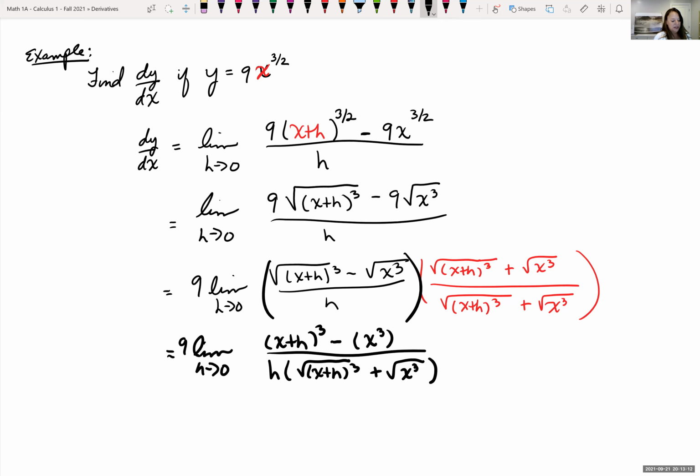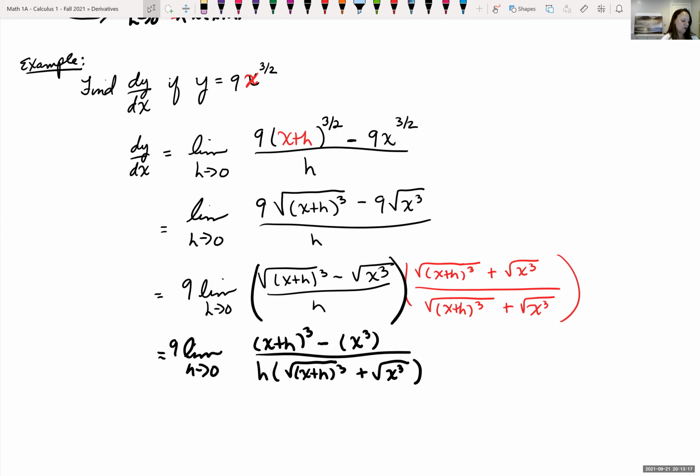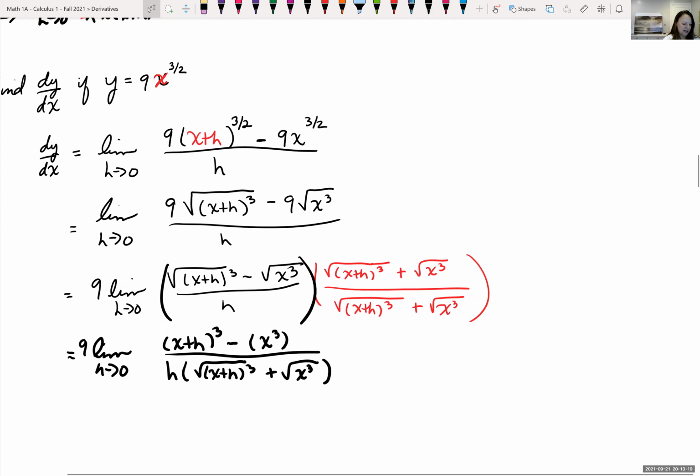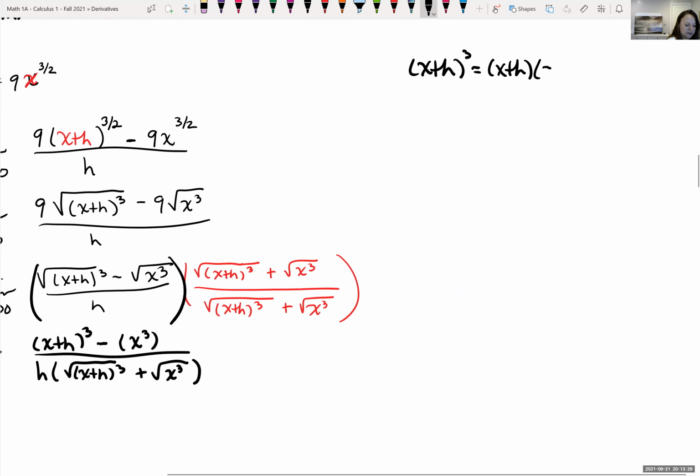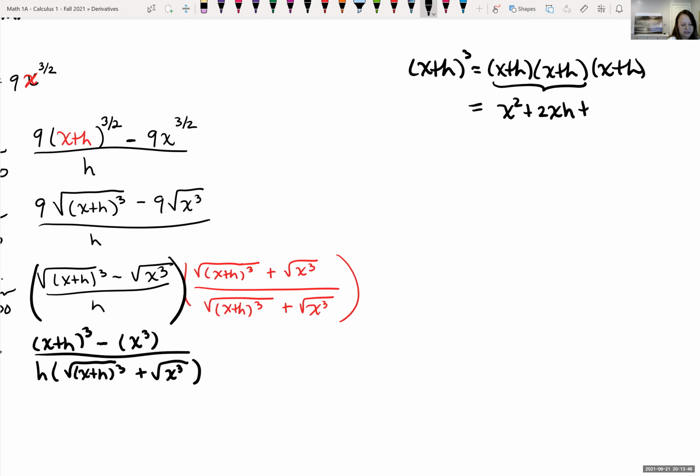So I need to expand out that (x plus h) quantity cubed. I'm going to do some work on the side and then plug it in. (x plus h) cubed is x plus h times x plus h times x plus h. If I distribute x plus h times x plus h, combining like terms, we get x squared plus 2xh plus h squared.